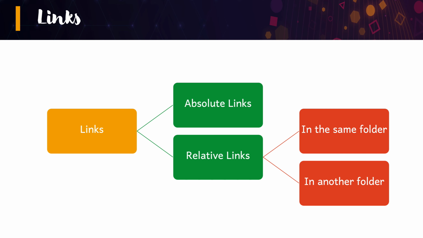If you click on a link, where does it lead to? That is a question. It can lead to two different places. One, sometimes clicking on the link leads us to another web page on the same website.